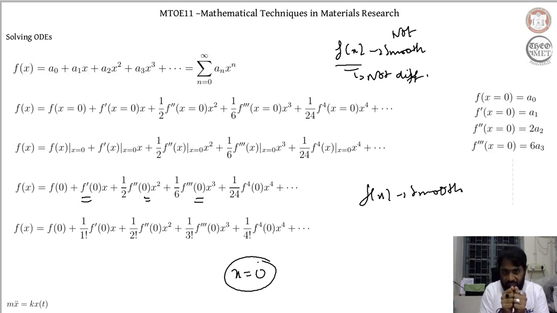Of course, we expect a smooth function that allows us to approximate our function as a power series. But when the function is differentiable at a specific position, say x0, we will be able to ascertain these coefficients, a0, a1, a2, and a3. So it's not that they are smooth everywhere; they are differentiable at a specific position.